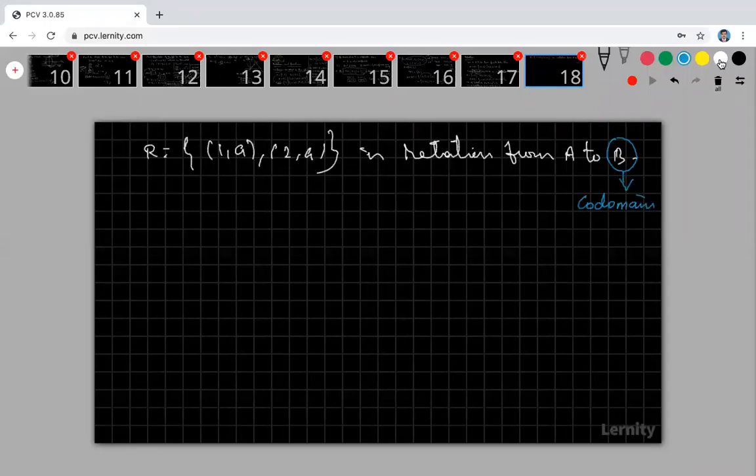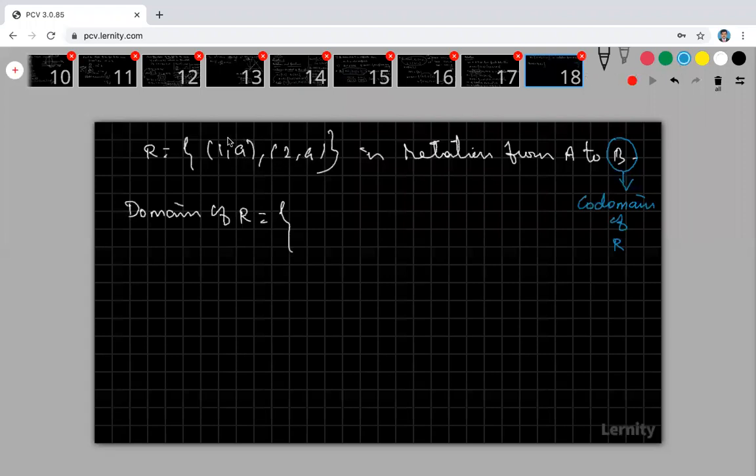Okay, this is my codomain of R, the codomain of the relation. What is domain, and what is range? The domain of this relation is equal to... look at that, how many pairs are there in your relation set? There are 2 pairs.